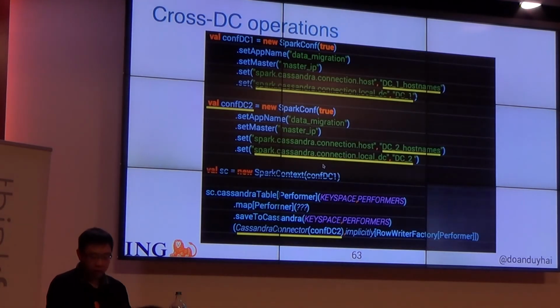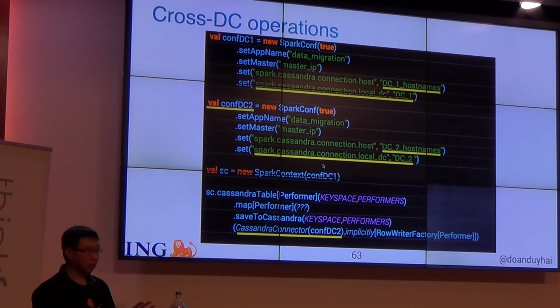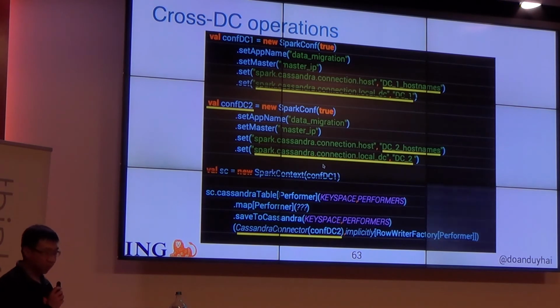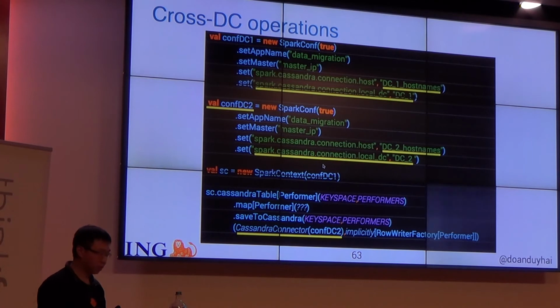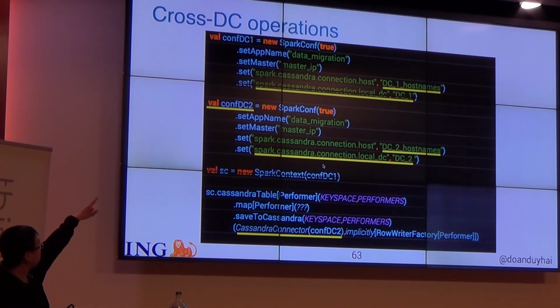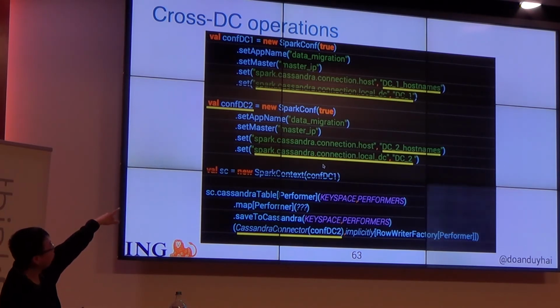People often ask me, if I have 2 data centers, how can I read data from one and write data to another data center? Well, there is a trick. It is not in the official documentation. You can create 2 Spark configurations, one for each data center. Right?